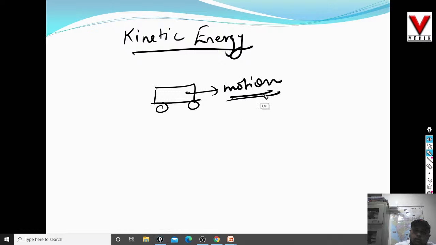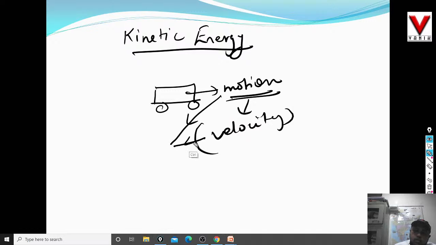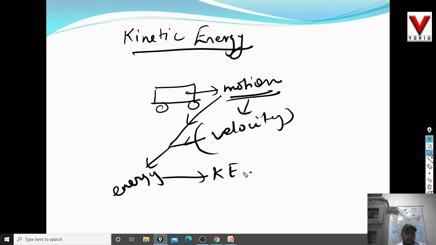If this body is in motion, definitely it has some velocity. If it has some velocity and is in motion, that means this body has some energy. This energy is nothing but kinetic energy.